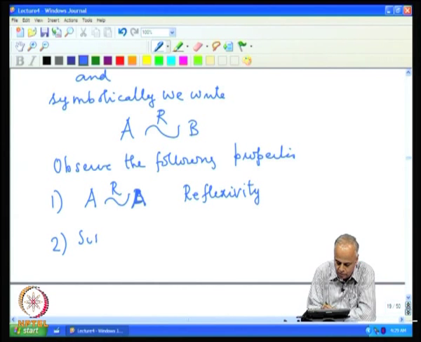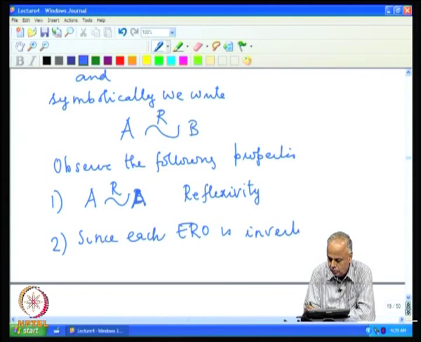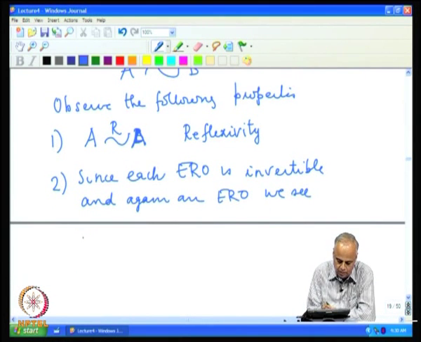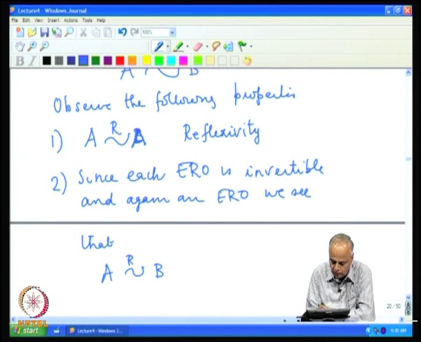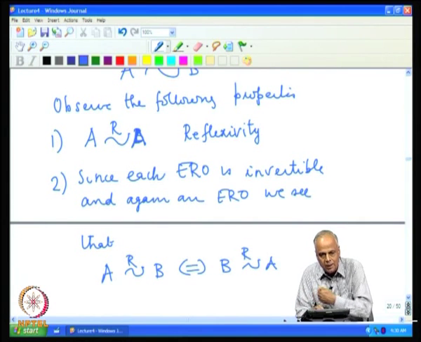So, since each ERO is invertible, and again the inverse is an ERO, we see that A will be row equivalent to B if and only if B is row equivalent to A. If I can go from A to B, by retracing the path I can go from B to A and vice versa.